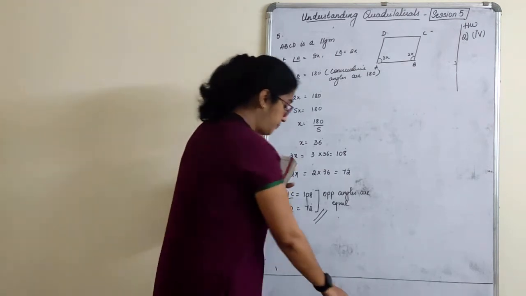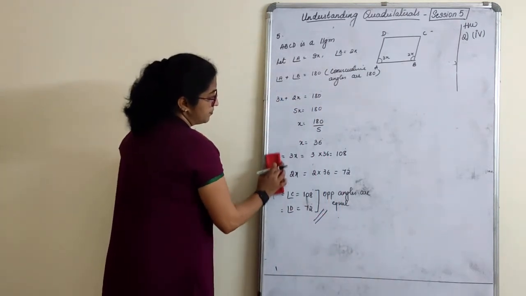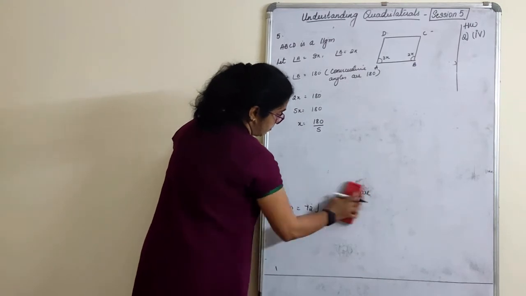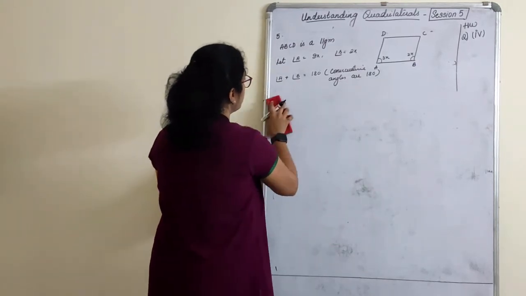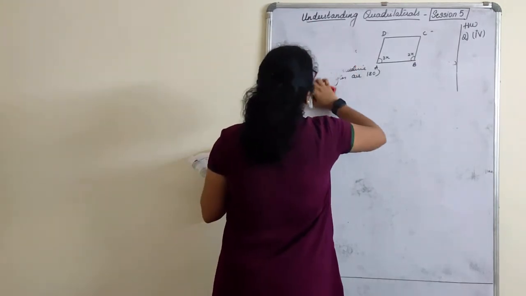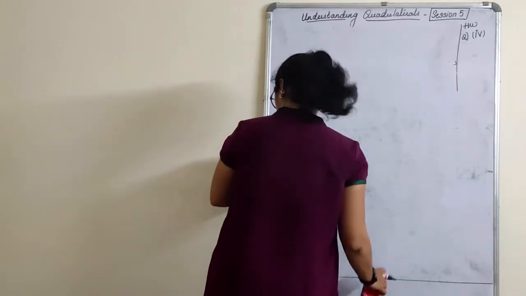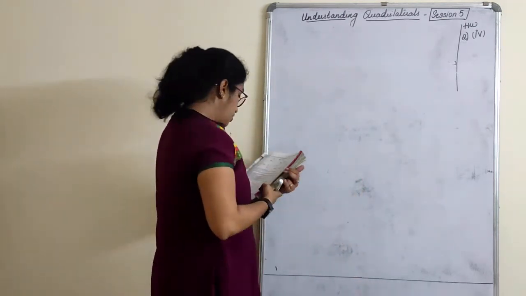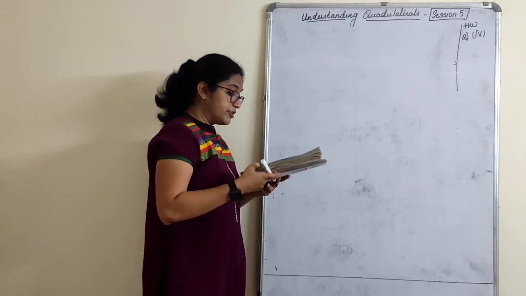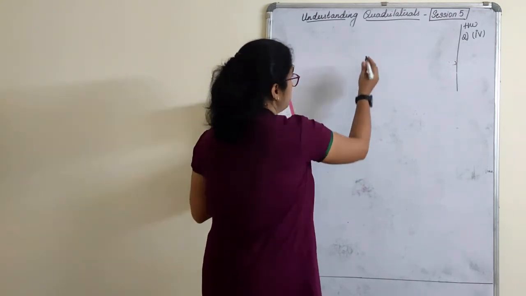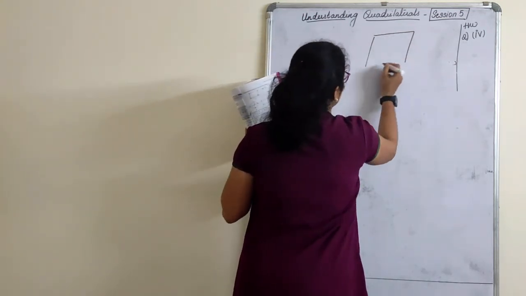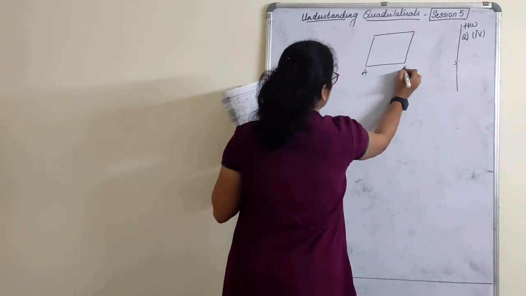The last one, sixth one. The measure of two adjacent angles of a parallelogram have equal measure. So again, ABCD is a parallelogram.